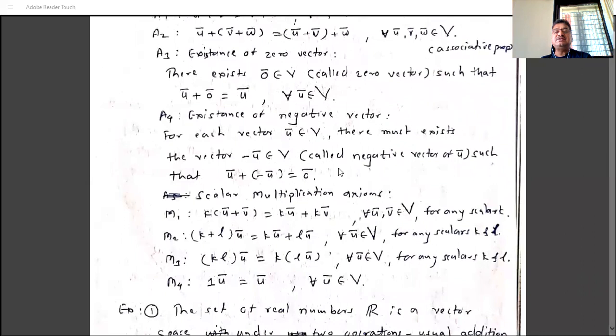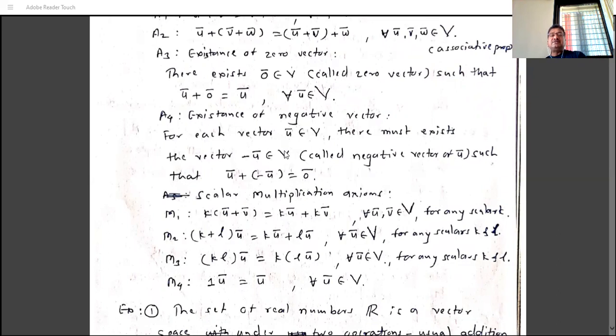Then next is existence of negative vector. For each vector u bar belonging to V, there must exist the vector minus u bar in V, called the negative vector of u bar, such that u bar plus minus u bar is 0 bar. So what is this property? If a vector exists in the vector space, then its negative must exist in the same set.